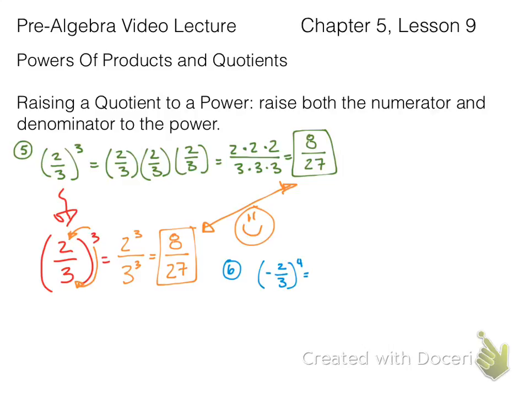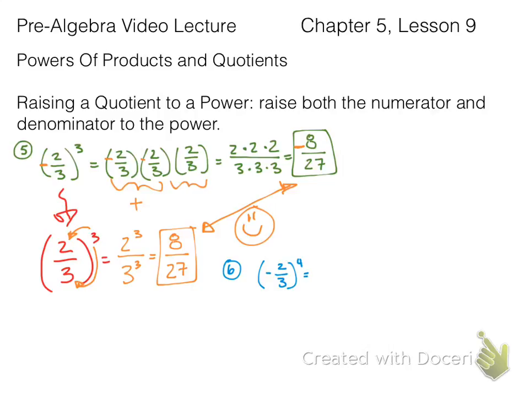So next problem. Let's say we have a negative fraction. Well, that's fine. You're going to notice that the answers are slightly similar, but not quite. Also, if this were negative, then your answer would also be negative, because a negative times a negative is a positive, right?